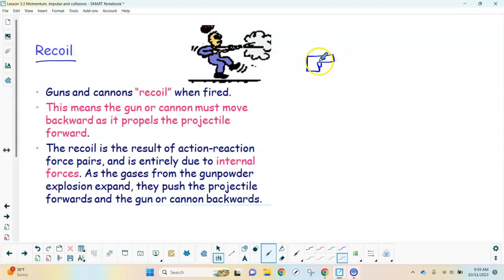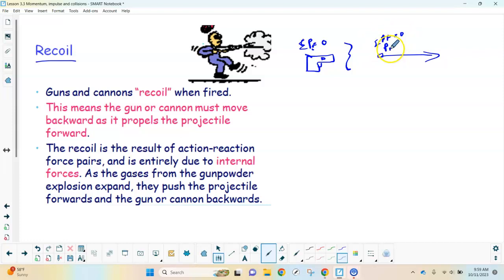We've got our bullet inside of our gun here, and they might both be at rest to start. Afterwards, the bullet is obviously going to go forward and to the right, and it's got some momentum. If we had no momentum in the beginning, so if we add up all the momentum, sigma p initial, is 0, the total momentum at the end, final, has to be 0 as well.